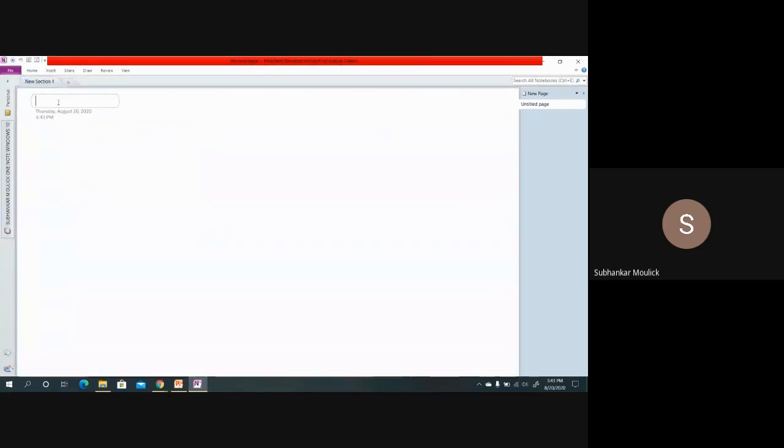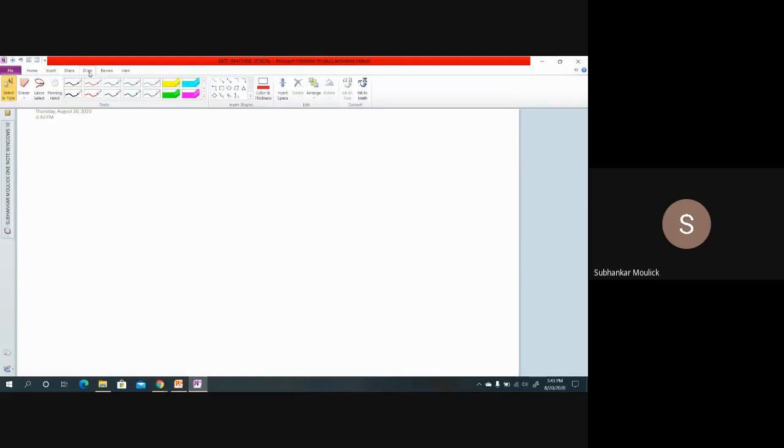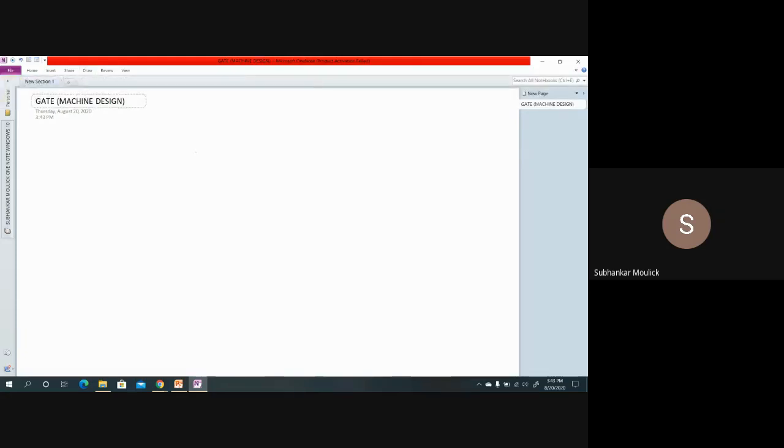Can you see my white screen? हाँ सर, दिखाई दे रहा है। Okay. So let us draw that SN diagram first. So this is your y-axis, and y-axis is nothing but log.